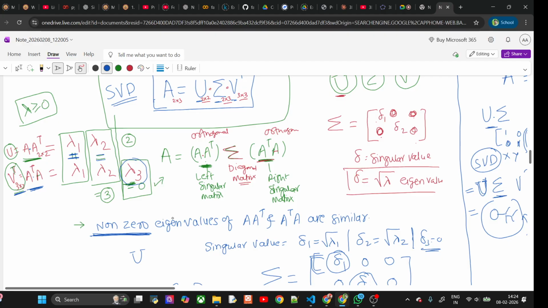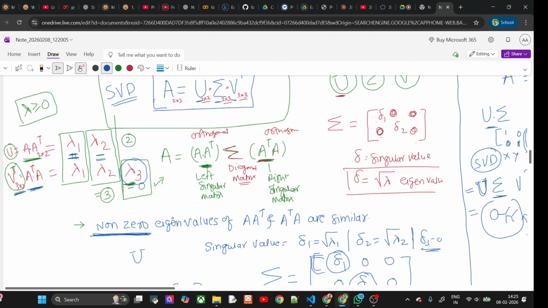But we are trying to figure out another way of calculating eigenvectors without using the cube of your dimension d. I'm not interested in that d cube time complexity. If we avoid d cube, you can do maybe n cube, that's okay. But how can we come to n cube?